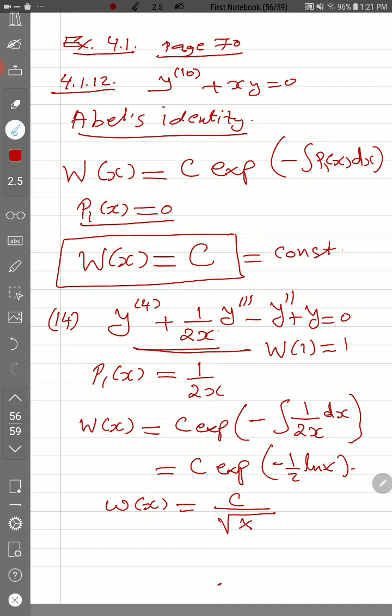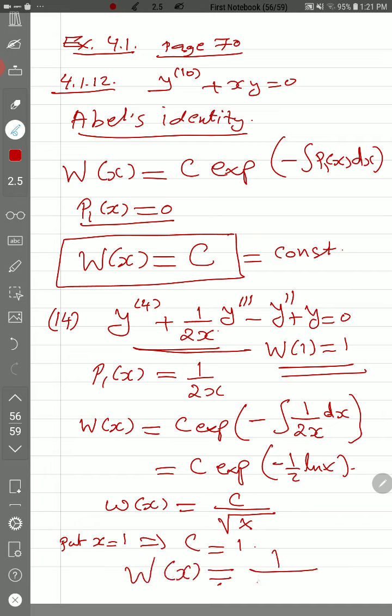In fact, you can use this condition now to find c, so put x equal to 1, it will give c equal to 1. So your Wronskian, the value at x, is just 1 over the square root of x. This will finish this exercise.